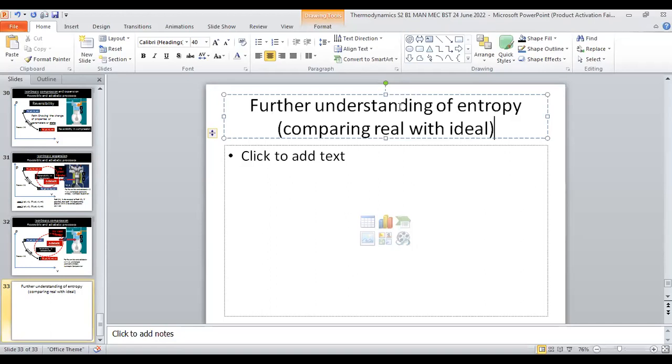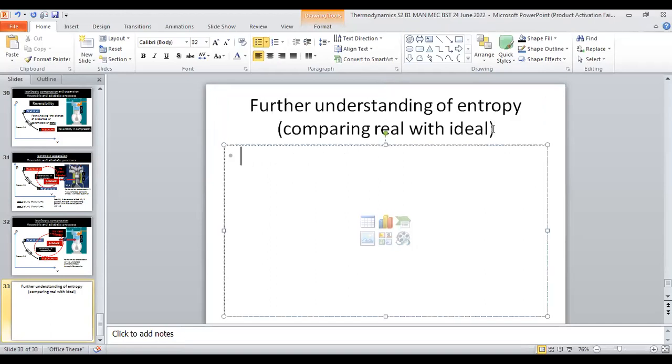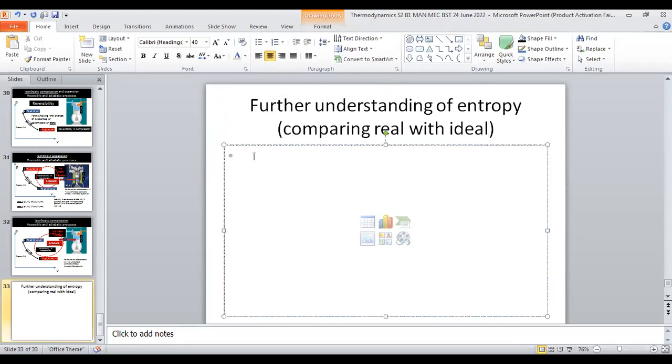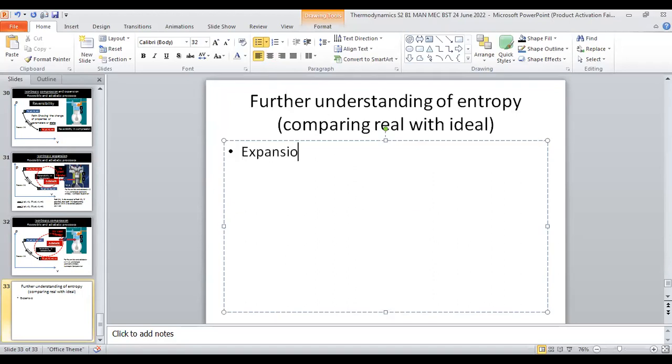Okay, comparing real with ideal. So example in expansion, expansion.